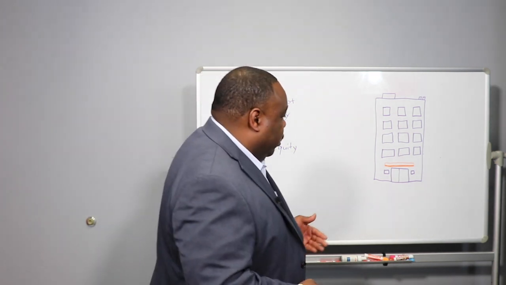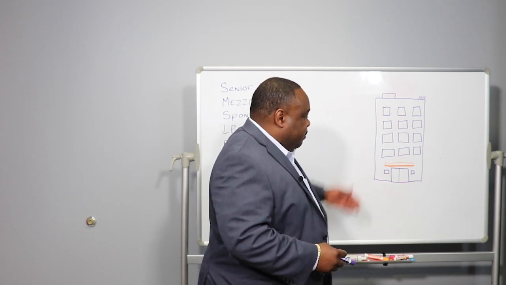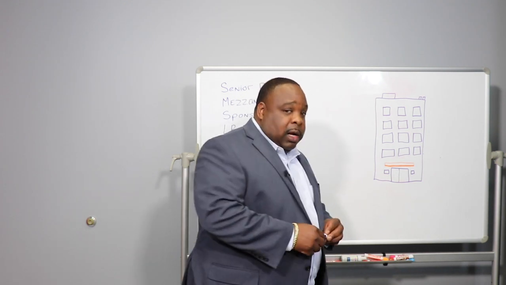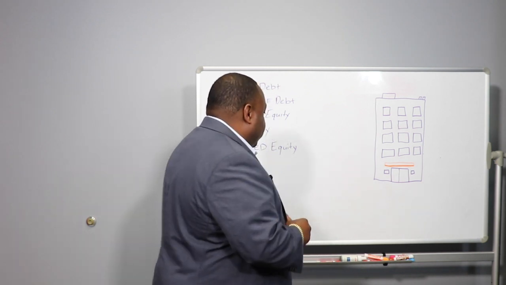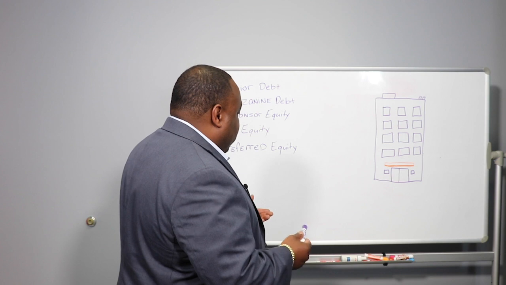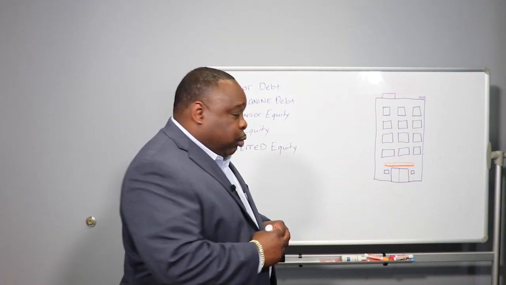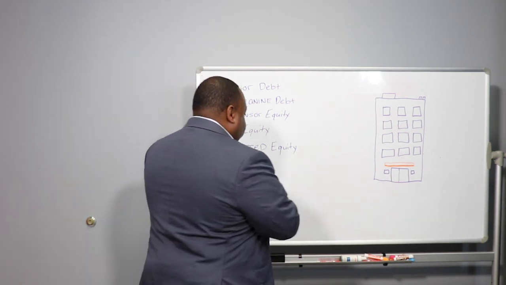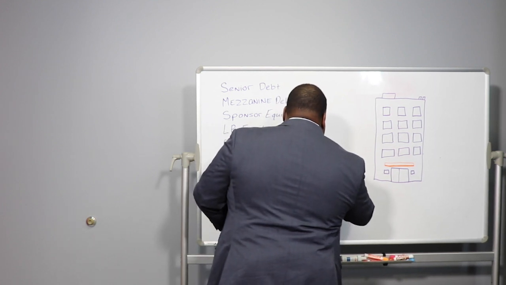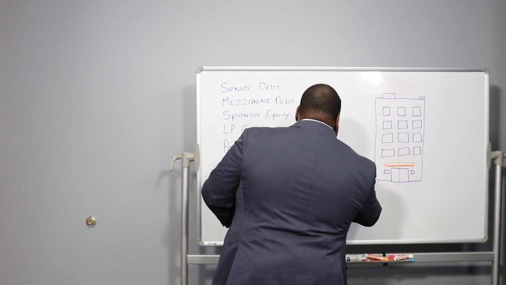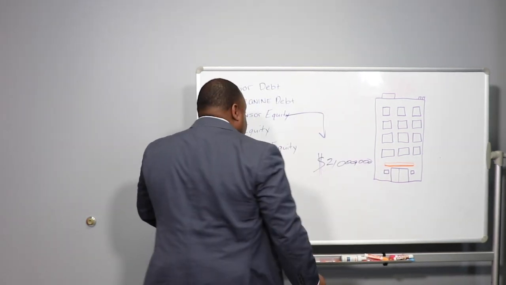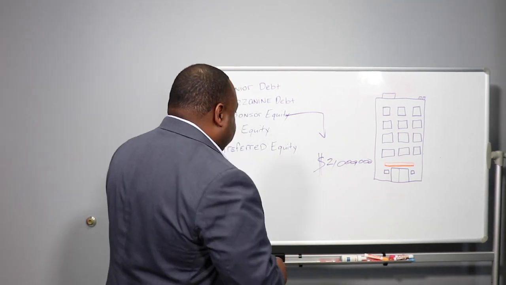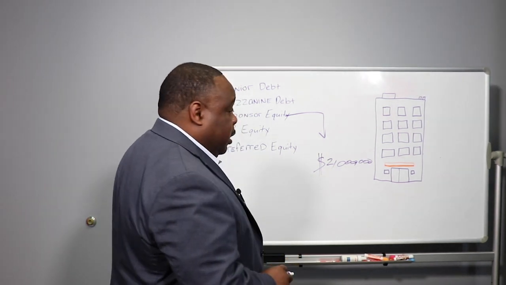If we go back to our building here, if that building is going to take $10 million to acquire or to construct, and the sponsors are going to bring, let's say, $2 million to this project, that would be their equity. That would be what we call the sponsor equity on this transaction, the $2 million. Of course, their capital is the first capital to go into any project.